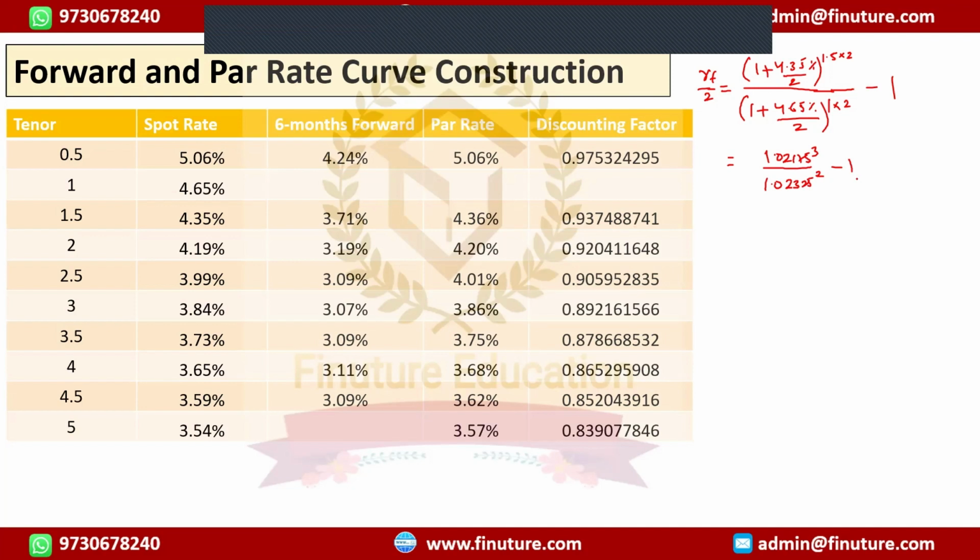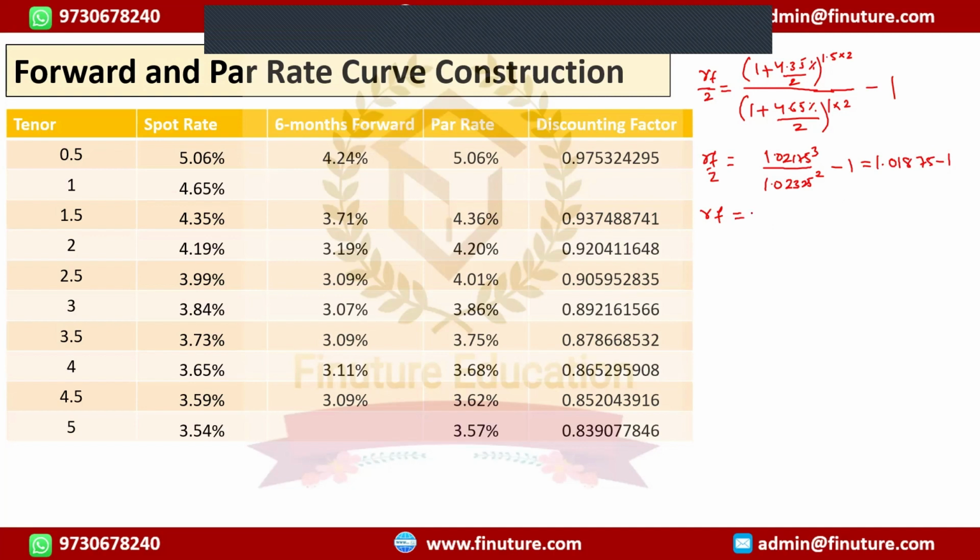Now I'll recall 1 divided by recall 2. I'm getting around 1.01875 minus 1. So if I subtract it from 1, it's around 1.87%, but this is RF by 2. So if I were to calculate RF, it would be into 2.